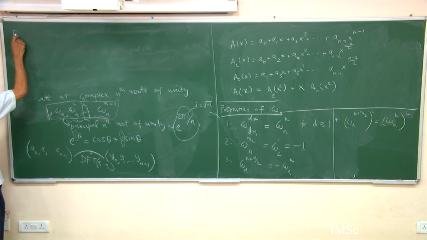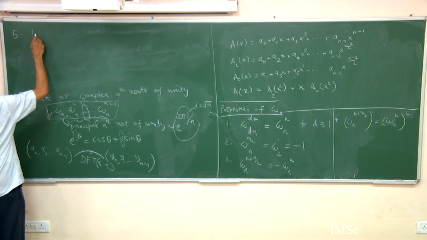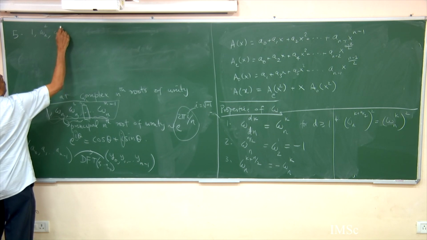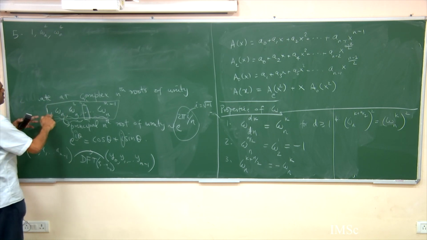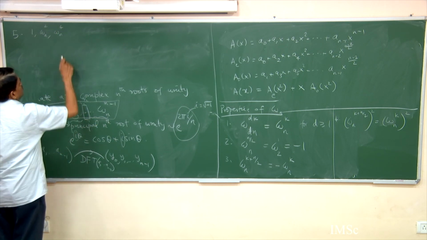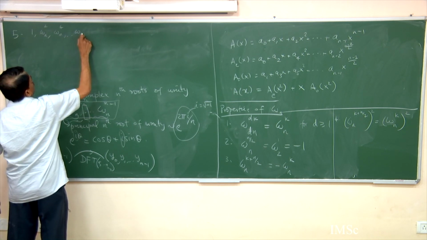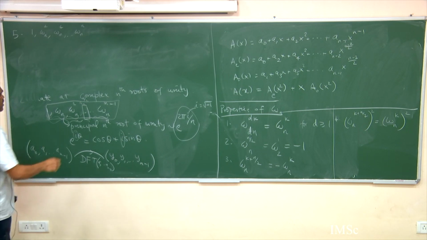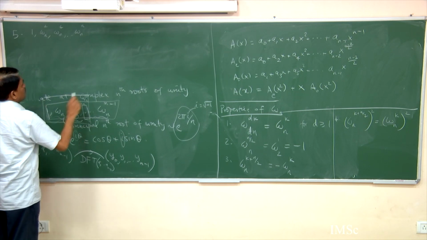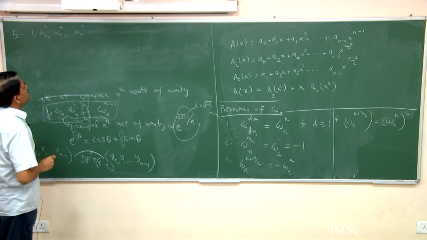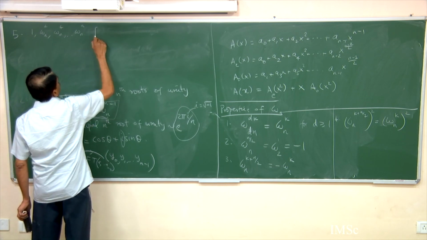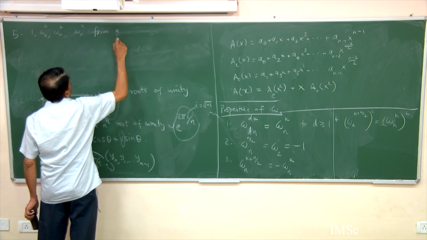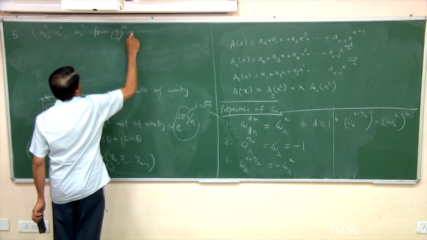And the next property that I want is: 1, omega n square, omega n to the power 4. Basically, I take these terms and square them up. The half the guys, they form n by 2 roots of unity.